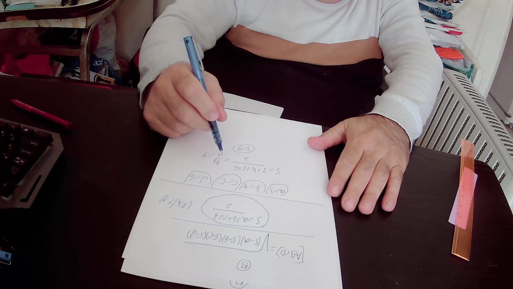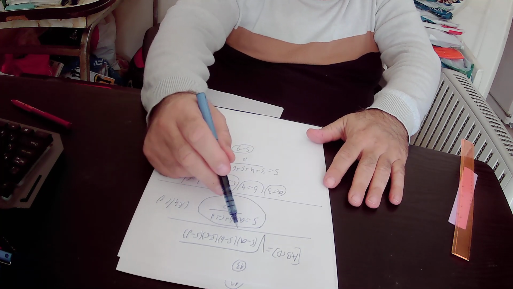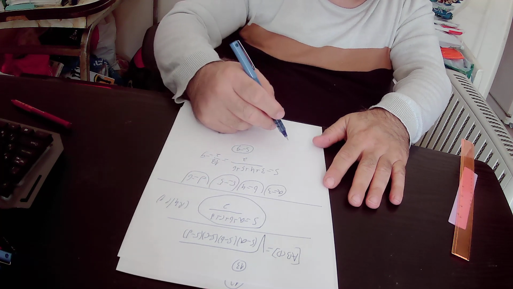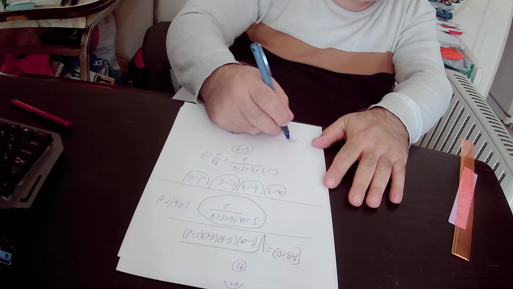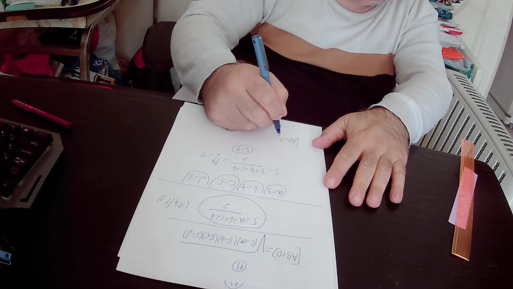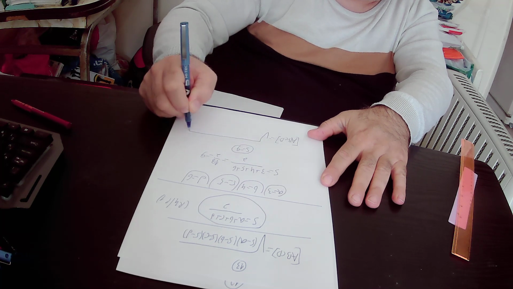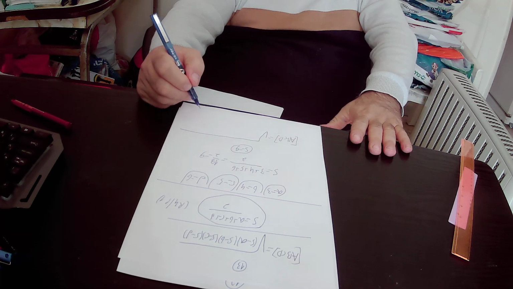So we'll substitute S in this equality by 9, and we will get that the area of quadrilateral ABCD equals the root of (S minus A) times (S minus B) times (S minus C) times (S minus D).